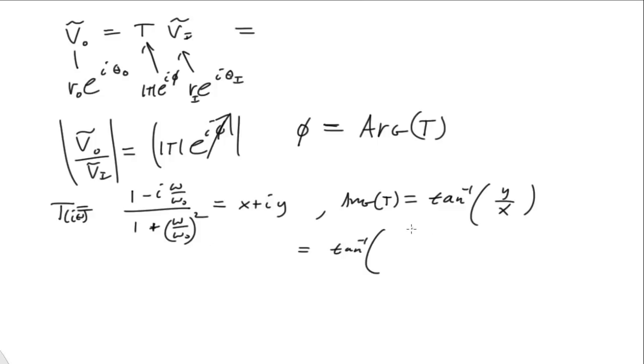It's going to be omega over omega naught. First of all, this term in the bottom, because it's multiplied by both the real and imaginary part, we can ignore it because it will divide out. But recall here there's a negative sign there, so let's put that negative sign there. But it turns out with inverse tangent, the negative sign goes right through because it's an odd function.